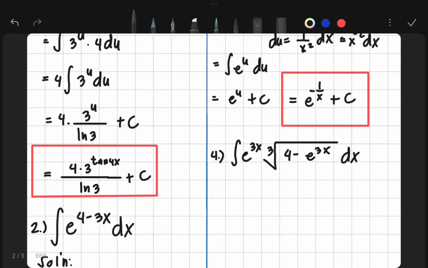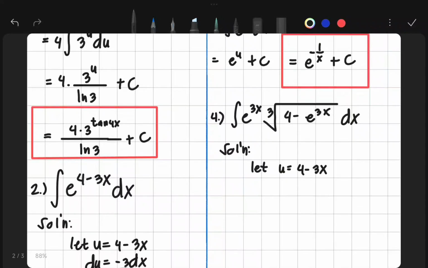For this one, we still need to use substitution, right? So I will let u equal to 4 minus 3x, okay?